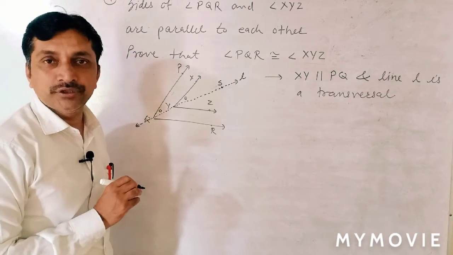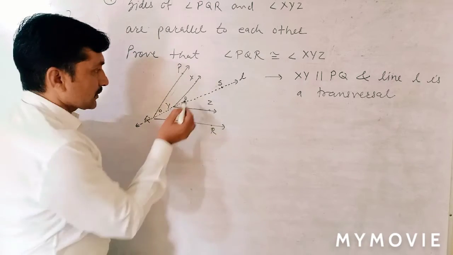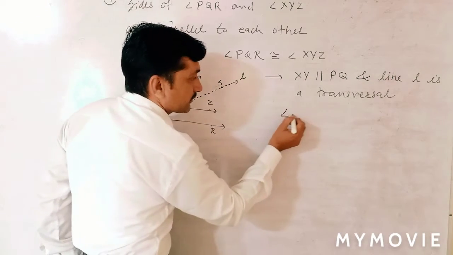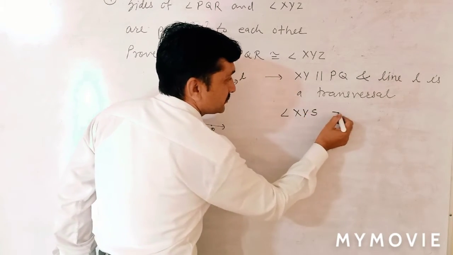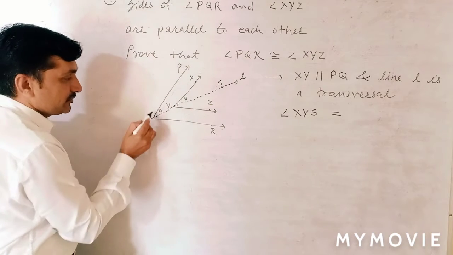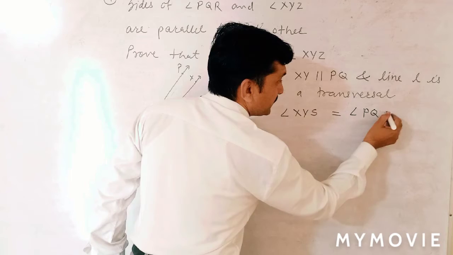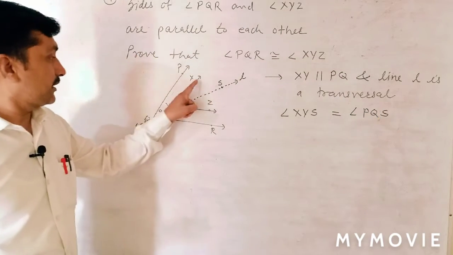Identical mark I do here. It will be easy. Now what is the name of this? Angle XYS is equal to angle PQS. These are equal.